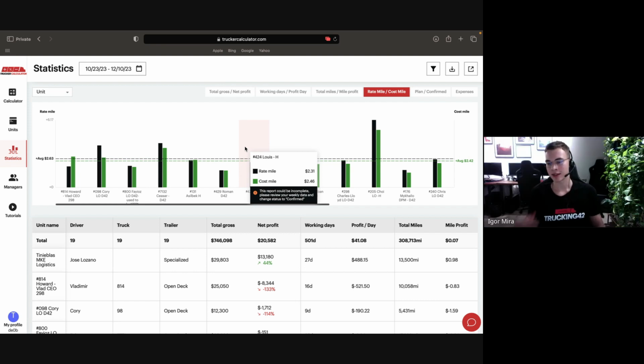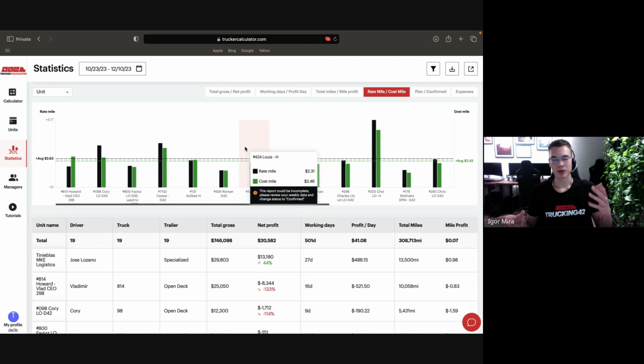You could take your cost per mile amount. Let's imagine, I actually prepared an example for that. Let's imagine your cost per mile is $2.14 per mile, and you want your net profit to be 25% of the gross you made. For that, you will first have to calculate the amount of percent of income you want to get in cents per mile by multiplying the cost per mile by the percent that you desire.